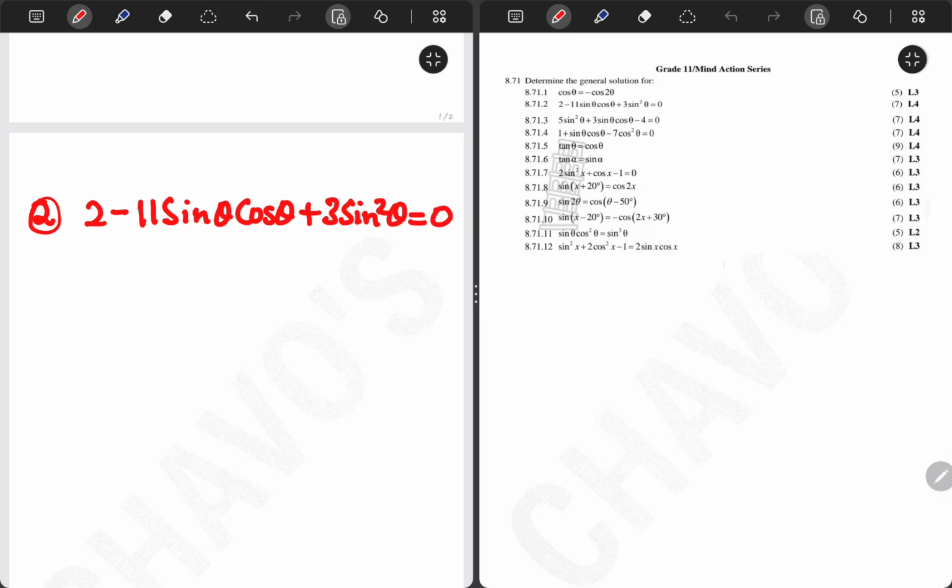So for us to do this, because we've got sine cos there and sine square here, what we're lacking is cos square. For us to find cos square, we need to apply what we call the square identity.